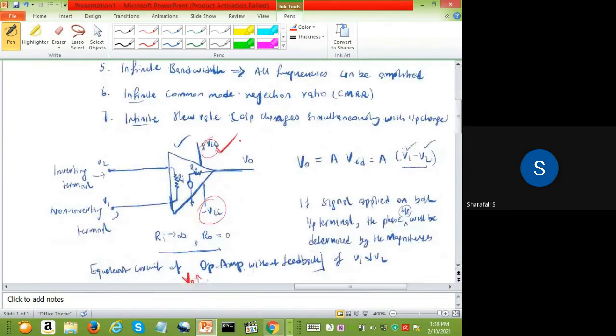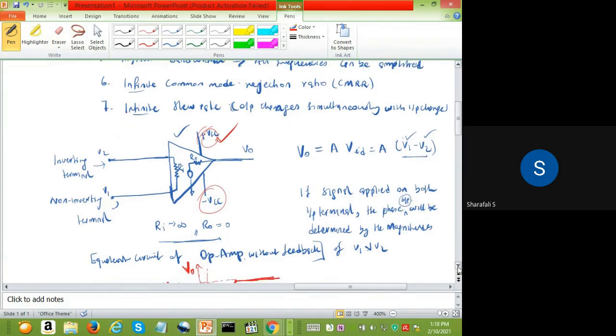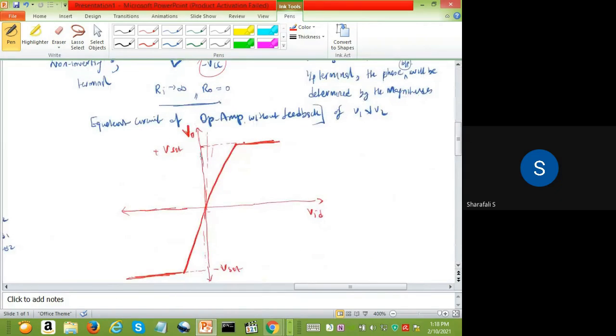When the output would be more than plus VCC or minus VCC, it will become saturated. So plus V saturation will be equal to plus VCC, and this one will be equal to minus VCC. Once your output reaches plus VCC or minus VCC, it will become saturated. Even if you increase the difference voltage, it stays saturated. More than this, no.